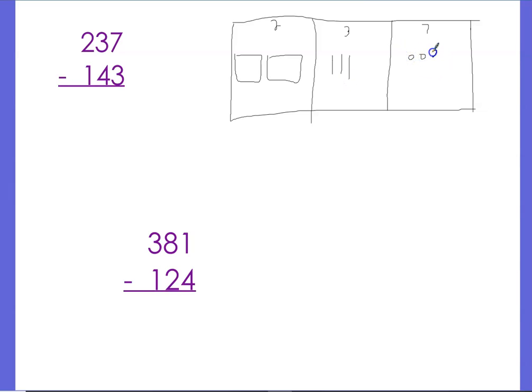So remember, the important thing to keep in mind is you want to make sure that your hundreds, tens, and ones look different so that you can keep track of them. Okay, so I'm using big squares for my hundreds, and I'm using tens rods and little circles for my ones. So now we've drawn out 237.